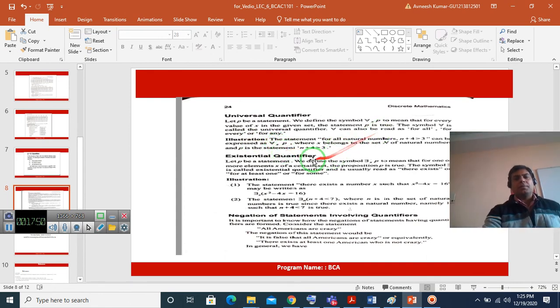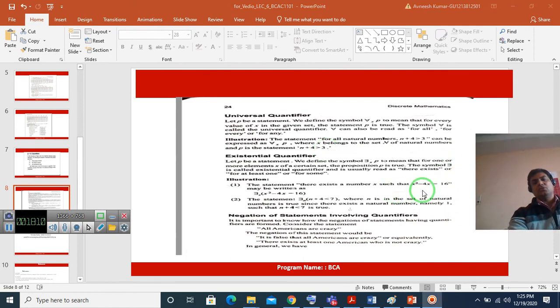An example is n plus 4 greater than 3 where n belongs to the natural numbers. Natural numbers start from 1, so 1 plus 4 is greater than 3. If the smallest value of a natural number makes this expression true, then for all values this relation is true. So it is true for all values. So this is called the universal quantifier. But now the example is x square minus 4x equal to 16. It is true only for some values, not for all values.